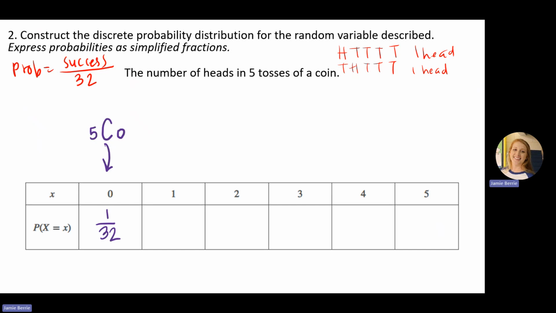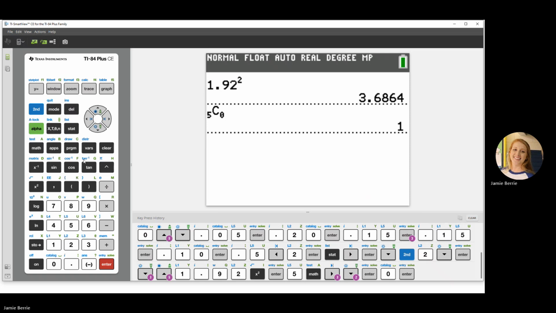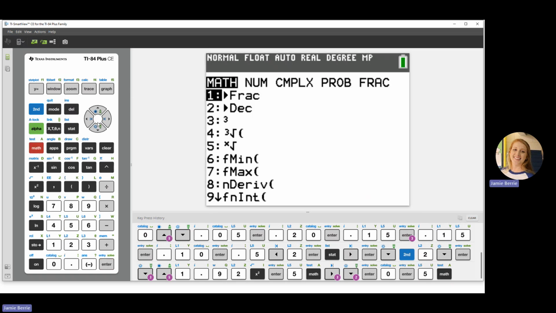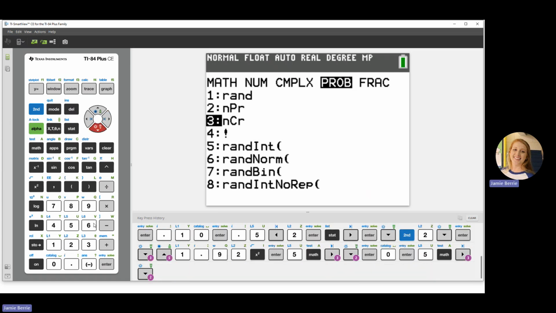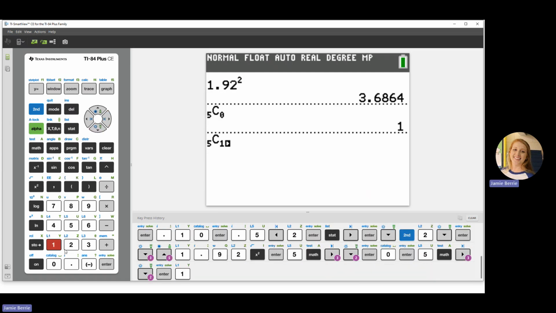Now, we need to figure out how many options out of the 32 outcomes have 1 head. That's going to be 5 choose 1. 5 tosses, 1 head. Let's pull up our calculator and find 5 choose 1. 5, hit the math button, go over to probability, go down to the combinations. 5 choose 1 is 5.